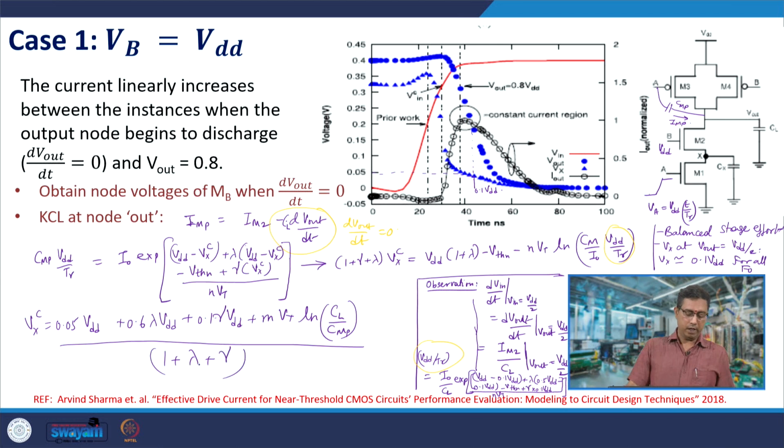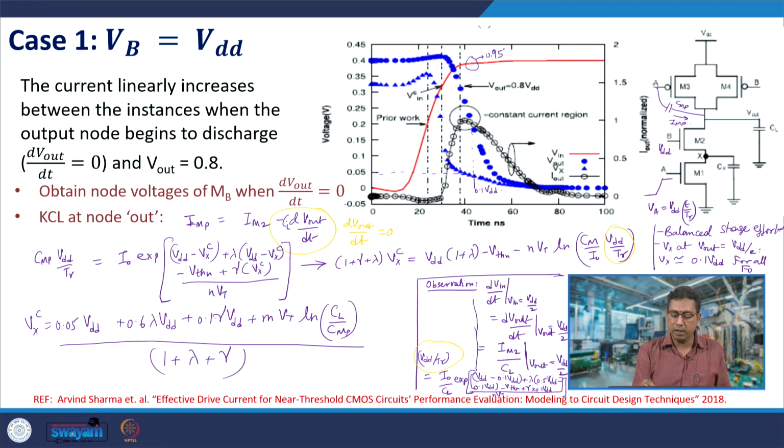Now, this has a very weak dependence on load capacitance. Nevertheless, there is a dependence, and the rest of the factors are actually dependent on device level parameters and VDD. So, with change in VDD, we can estimate the change in Vxc, and with the change in device level parameters, we can again estimate the value of Vxc.